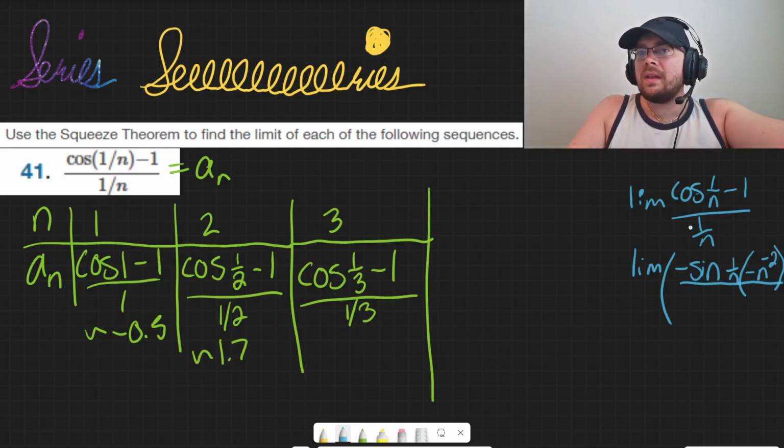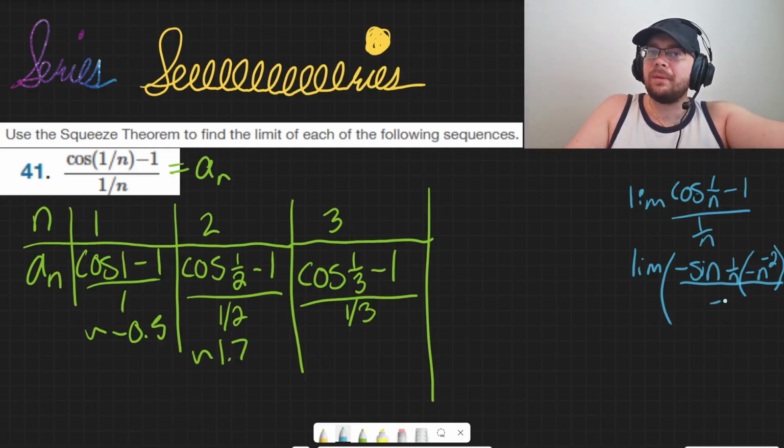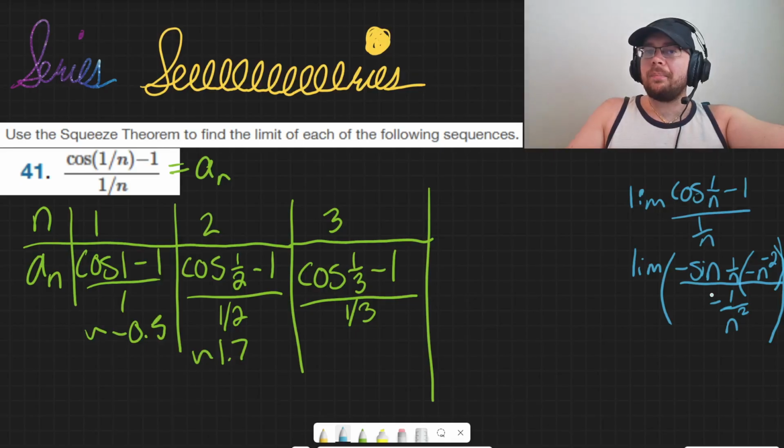And then the same thing on the bottom, which actually, because I already know that the derivative is going to be negative n to the negative 2, I can just go ahead and simplify it a little bit to negative 1 over n squared. Clean it up a little bit right off the bat. And yeah, so there we go. So the bottom still would be infinity, which is kind of a problem.